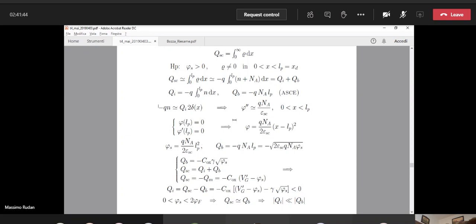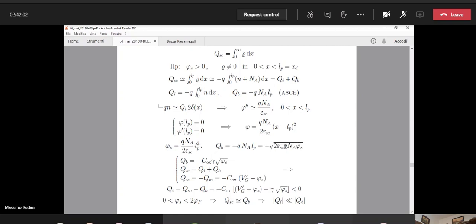At this point, we take the relation for QB from the Ashe approximation, this one. We extract LP from this one, and we replace it.